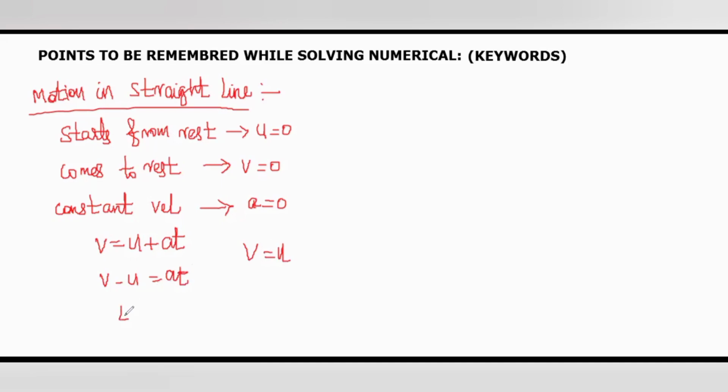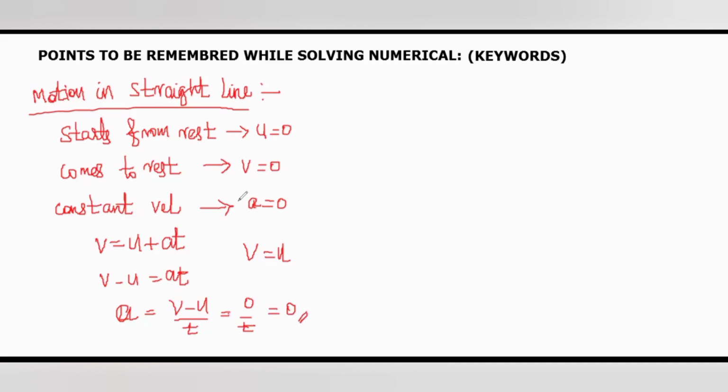So we can write acceleration equal to v minus u divided by t. If the velocity is constant, that means when v equal to u, then the numerator will be 0. Okay, so we can say that acceleration is also 0.